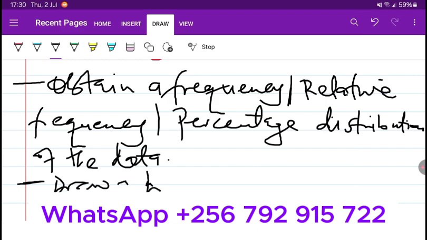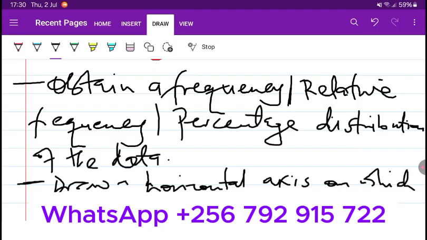axis, of course, on which to place the bars, and of course the vertical axis on which to display the frequencies.